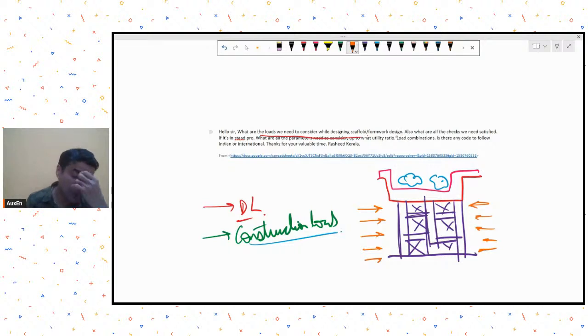If it's an exposed condition, temperature loads may also be required. So your general loads that you would otherwise use will also have to be used for such a formwork system. Okay. What all are the parameters to consider? Up to what utility ratio?